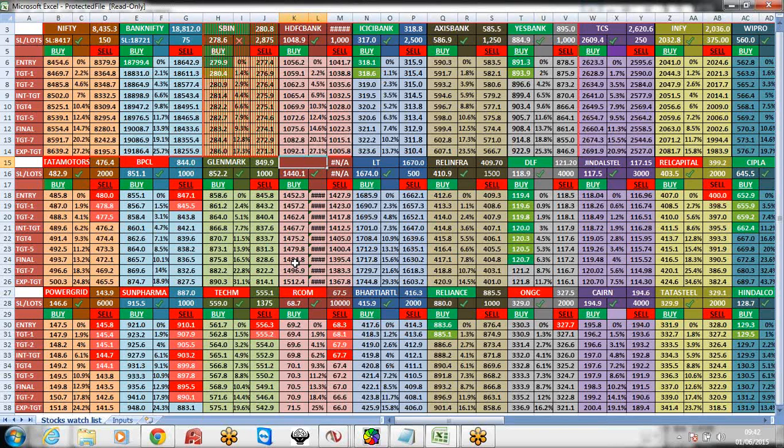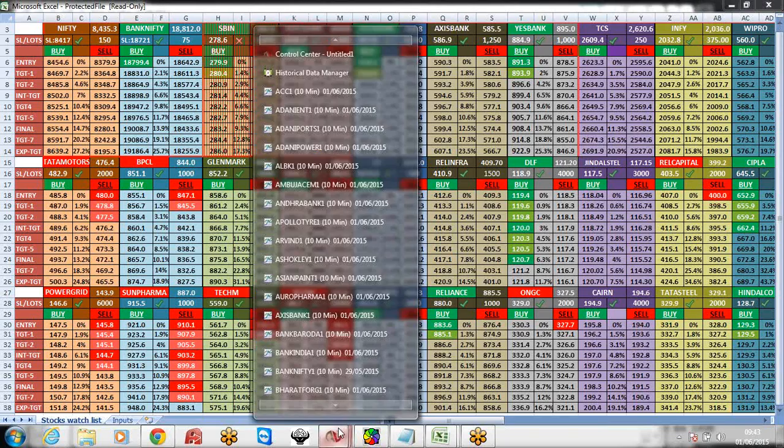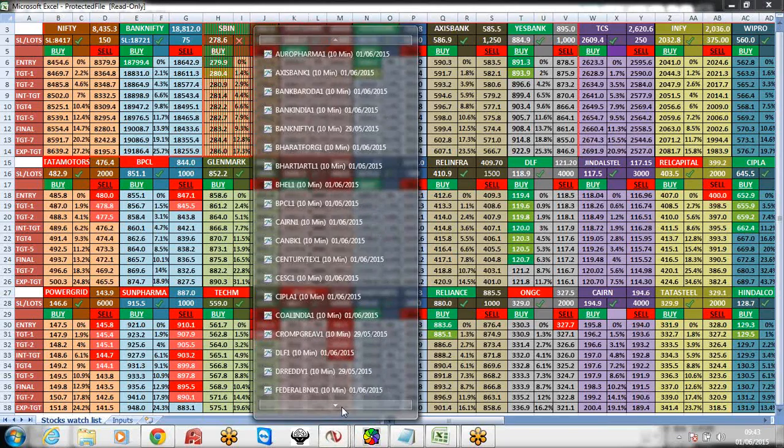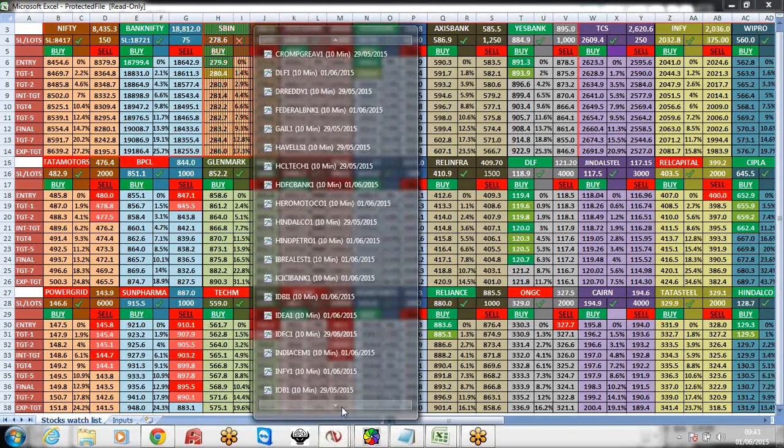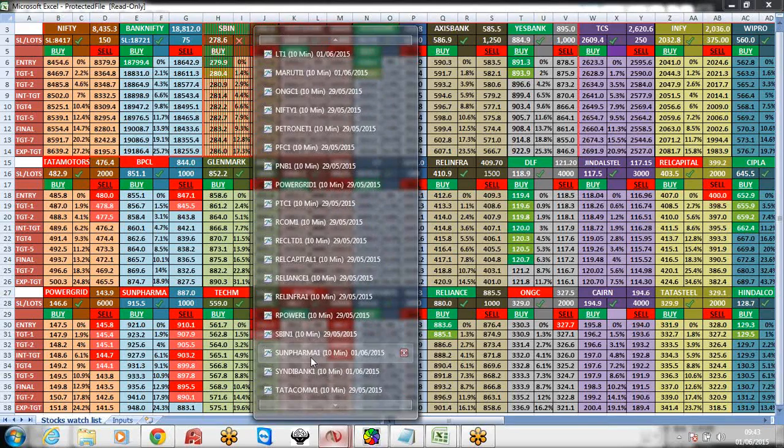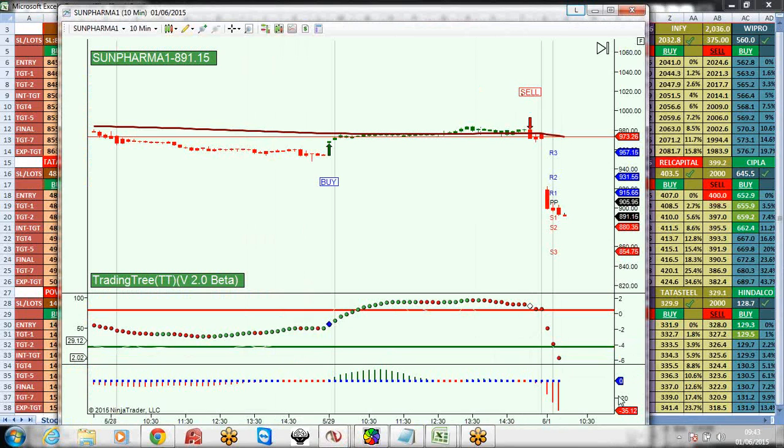Whenever a script is in news, the volumes will be more, and the volatility of that particular script also will be high. What I showed you in the case of Sun Pharma, this is on news today.